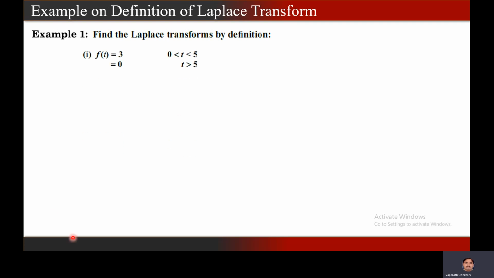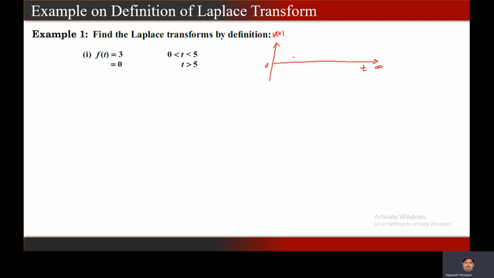First example is this: f of t is equal to 3 or 0. The function f of t has value 3 when t lies between 0 and 5. Suppose this is 0, this is t, and at the end it is infinity, this is your f of t.